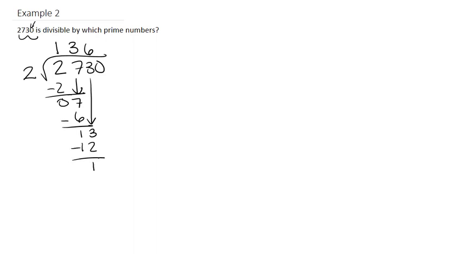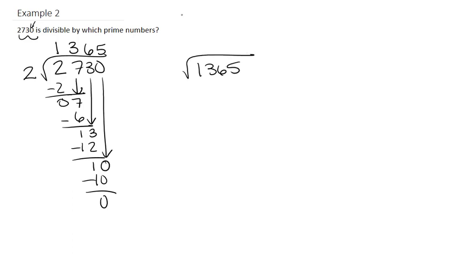We subtract, we get 1. Next we bring down a 0. 2 can go into 10 5 times. 2 times 5 is 10. We subtract, we get 0. So we're now left with 1,365. So we know that it can be divided by 2.